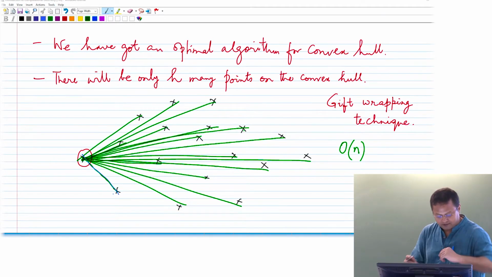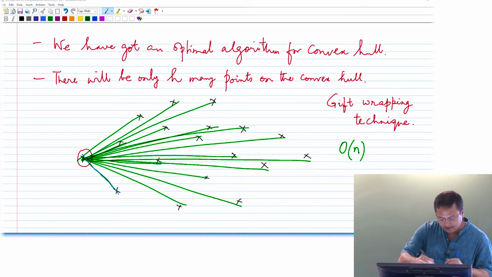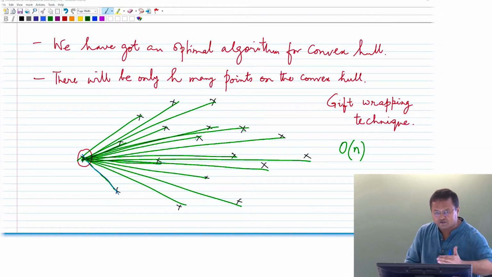Now what I did, if you noticed, is look at everything, a kind of circular sweep around this point, and I hit the lowest most point.